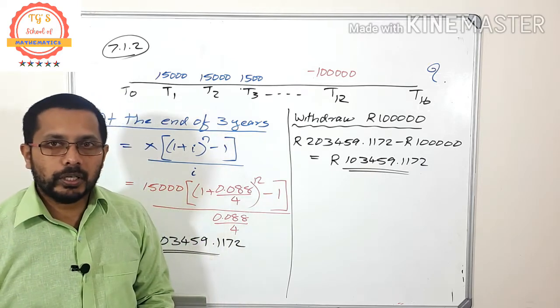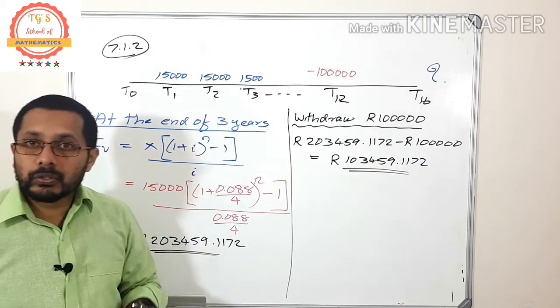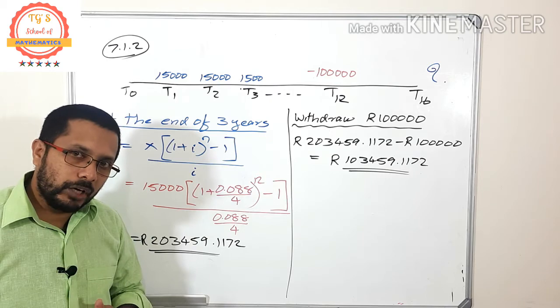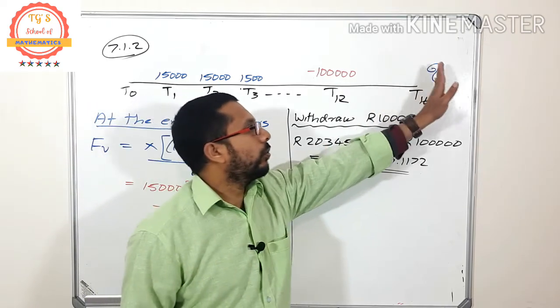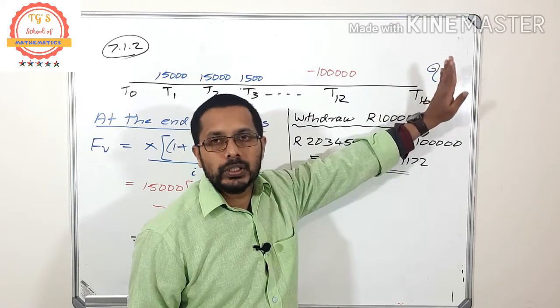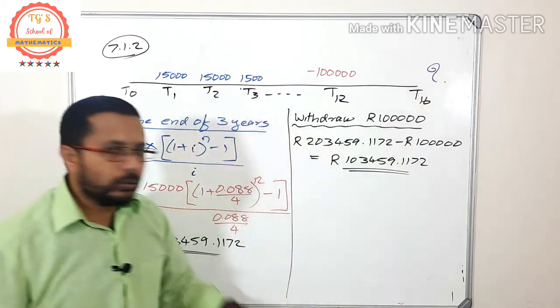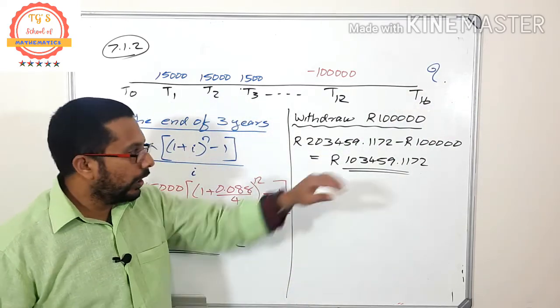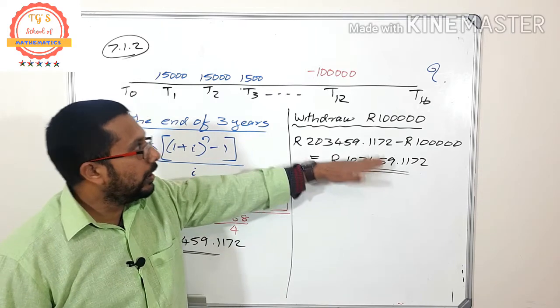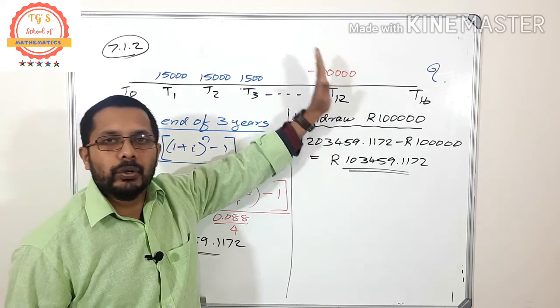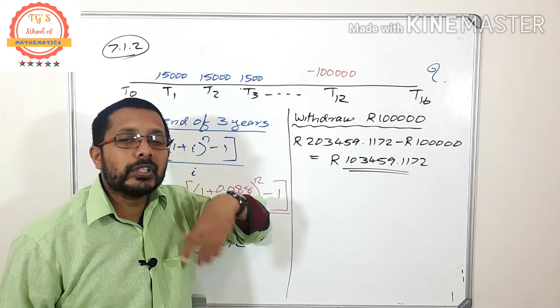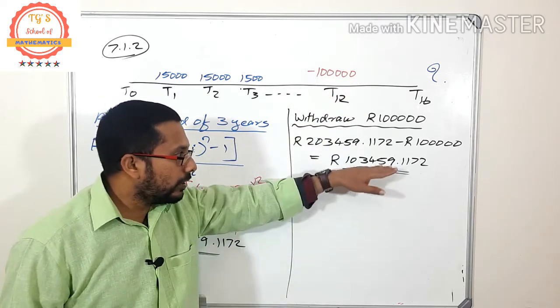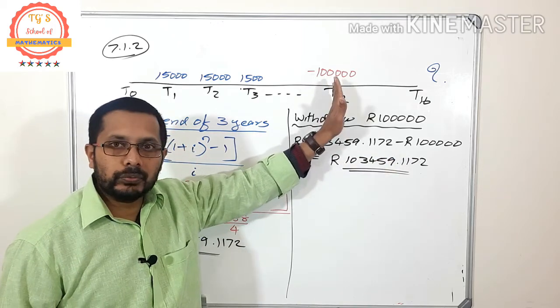Okay. But that is not our question. What we have to find? We have to find what is in her account at the end of the 4th year. Okay. So now listen very carefully. This amount is in her account at the end of 3 years, after she withdraws 100,000.